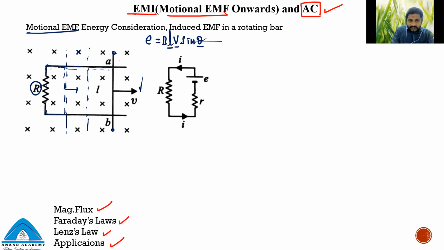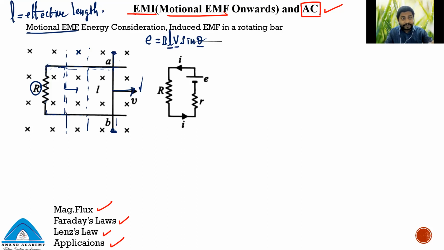So what is L? This is the length of the rod. V is this one. It is moving perpendicularly. The velocity of the rod is perpendicular to the effective length. So I'm writing L is not simply the length, it is the effective length. And I hope you know the meaning of effective length, my dear students.